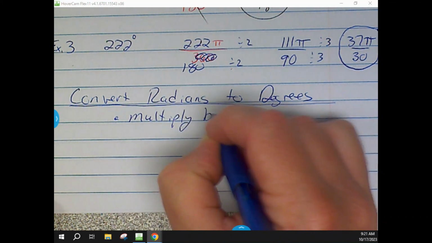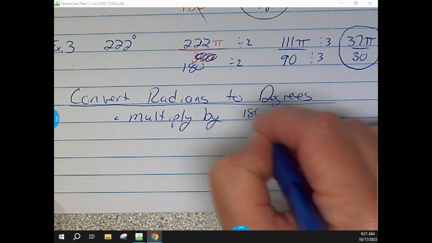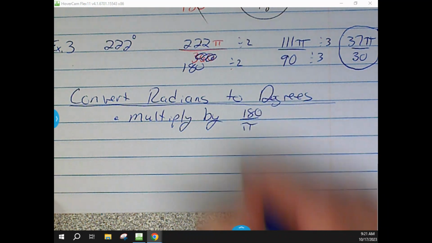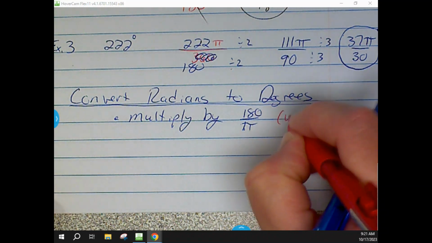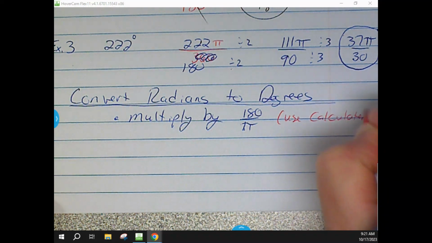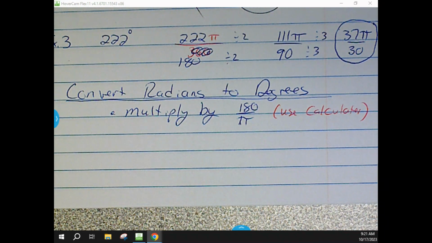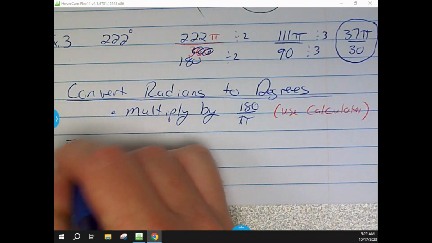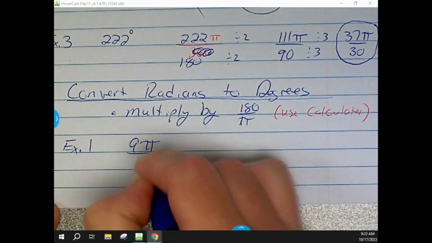Okay, so for this one, we're going to do the opposite of what we did before. We're going to multiply by 180 over pi. And after you do that, you're going to use your calculator. So if we have a problem that is 9 pi over 5.